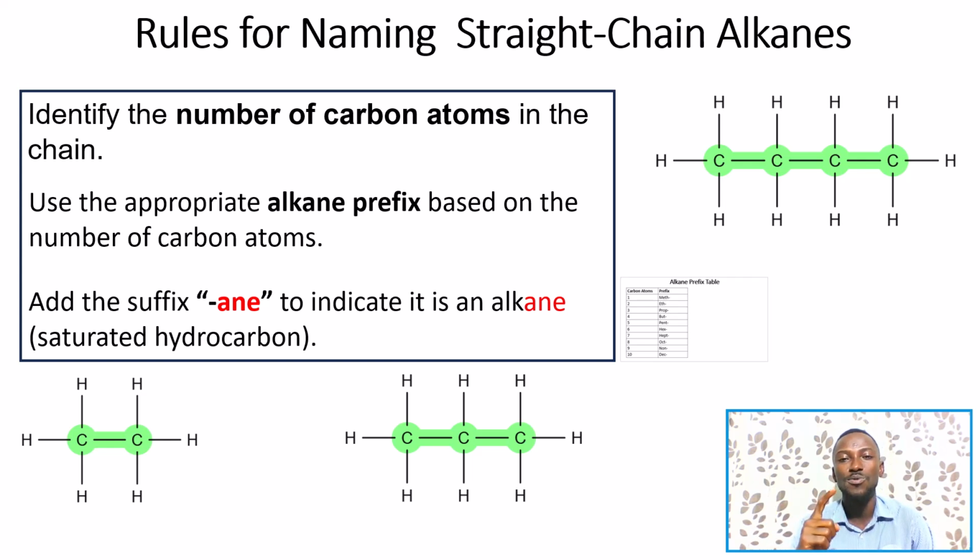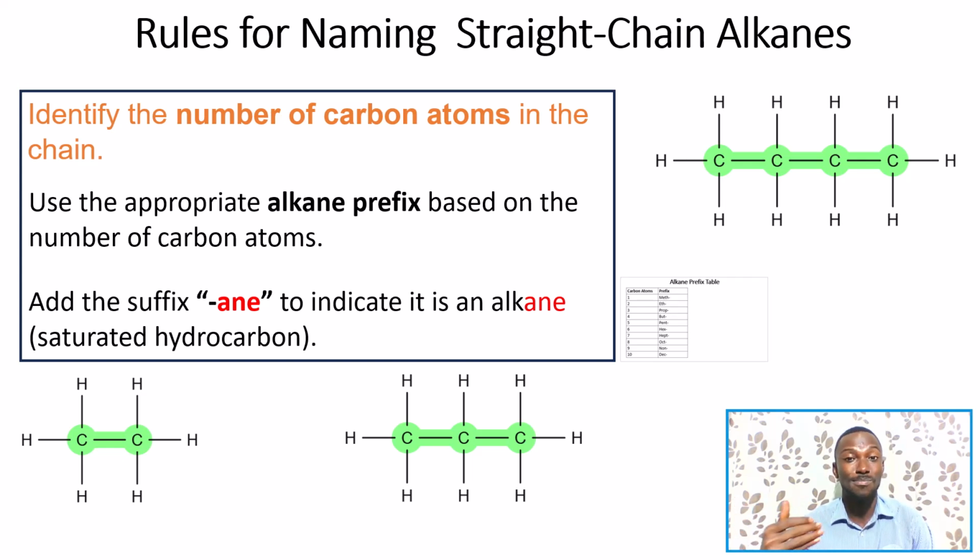So what are the rules? For naming straight chain alkanes, the first rule given to us by IUPAC is to identify the number of carbon atoms in the chain. I think that is fair enough and easy. Just like naming a child, the first thing the parents have to do is identify the gender of the child.